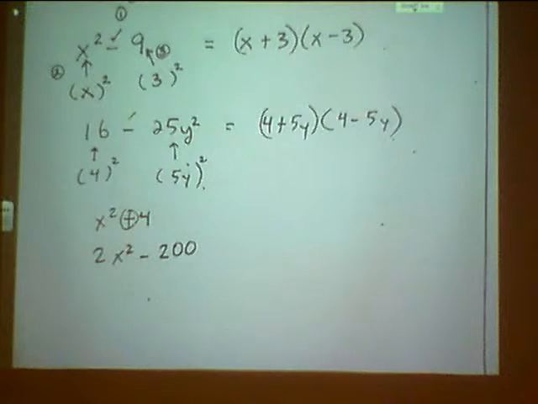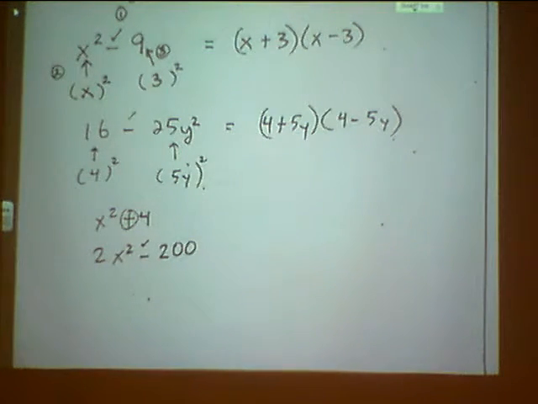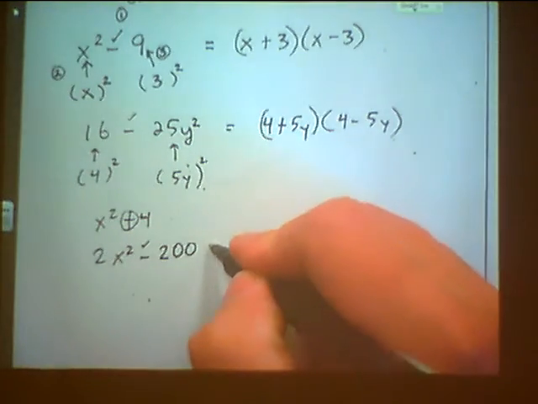Say you forgot to check the GCF, and you just said, here's 2 terms, let's try difference of squares, and you notice we've got subtract here, and then you look at 2x squared, and you say, can I square something and get 2x squared? And then you say, no, and then maybe you would think this is prime. Well, the whole key is you forgot to factor out the GCF. Do not forget the GCF.